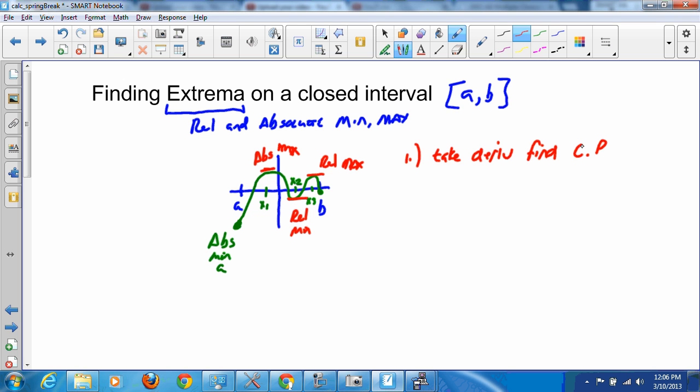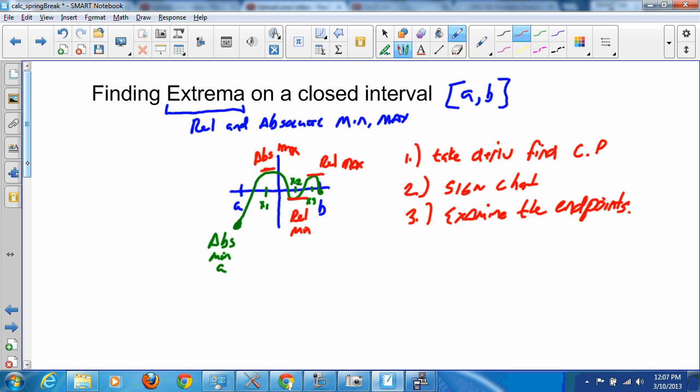Number 2, do a sign analysis, a sign chart. And number 3, you always have to examine the endpoints, because they now become candidates to determine whether you have an absolute max or absolute minimum.